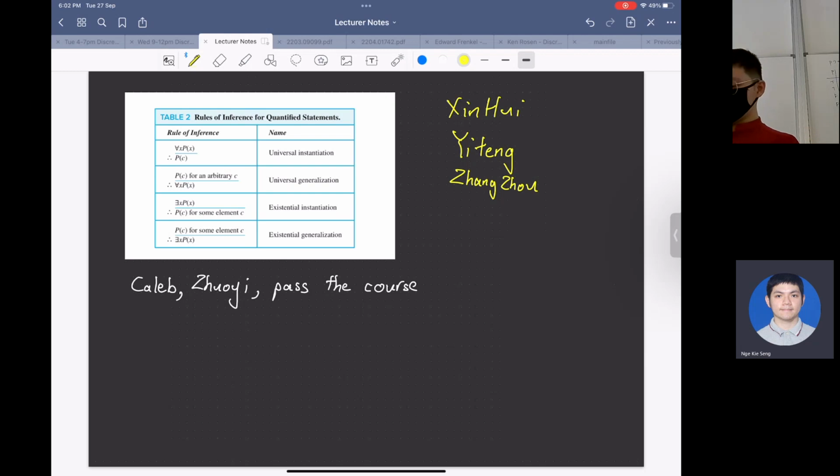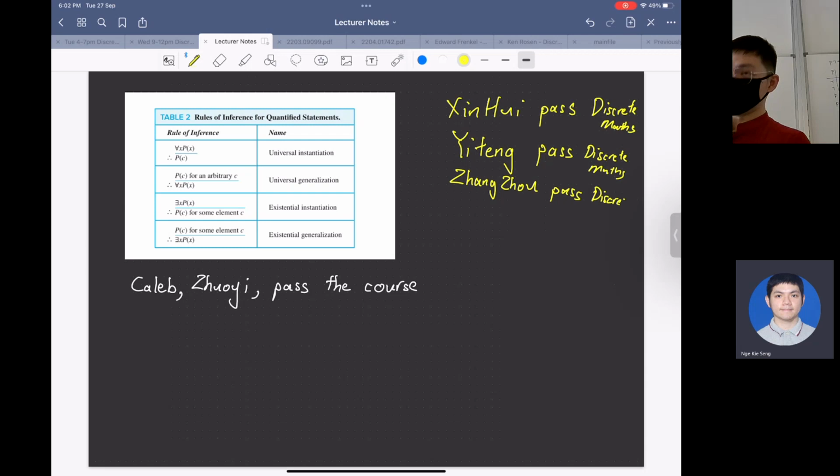Okay, let's say I take this. So, Xinghui passed the discrete math. Then Yi-Tian passed the discrete math. And also Zhang Zhou passed the discrete math. And so on.